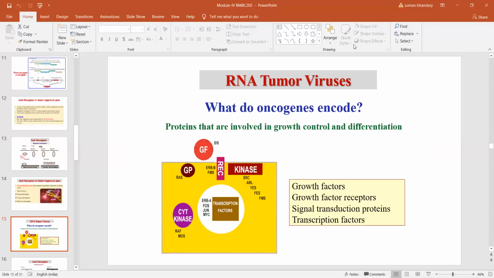So what are they actually synthesizing? They are synthesizing some growth factor receptors, signal transduction proteins, transcription factors, and so on.